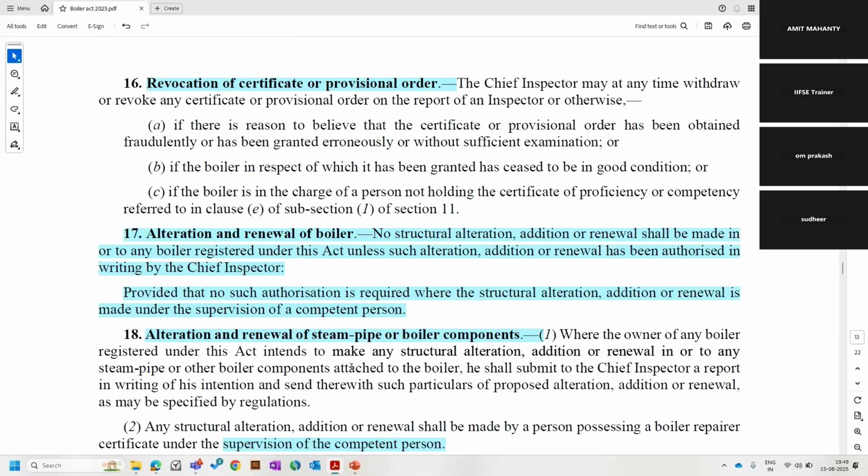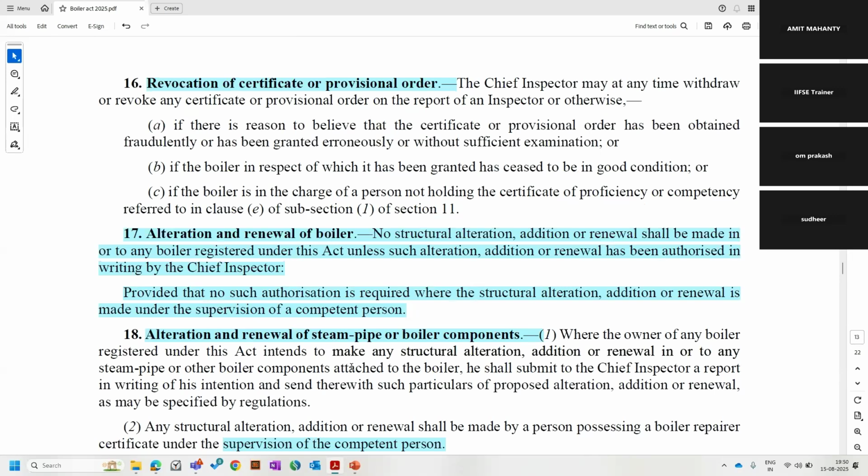How do they do it? The chief inspector may at any time withdraw or revoke any certificate. At any point of time, he can take back your certificate. He can cancel your boiler license.